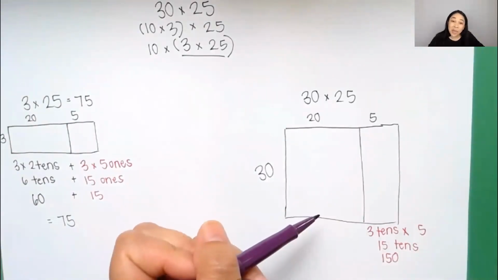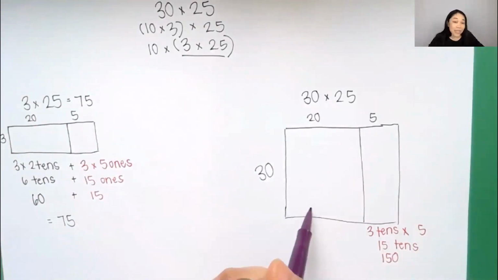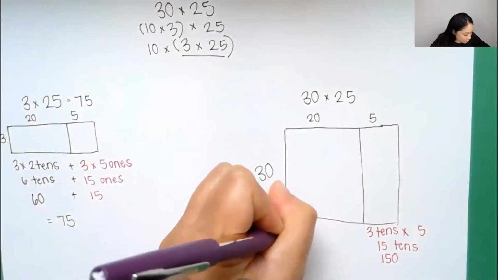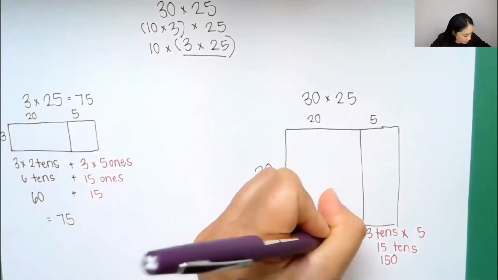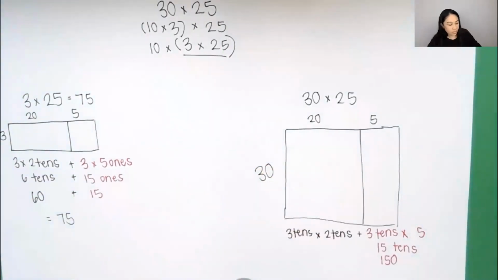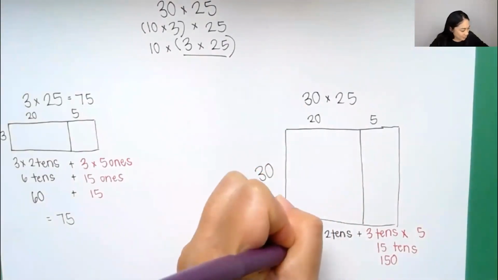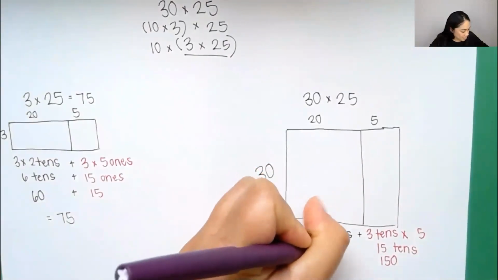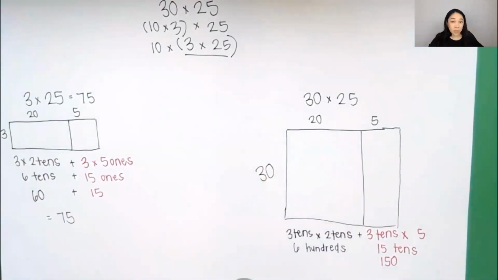In unit form, give me a multiplication sentence to find the area of this rectangle now. 3 tens times 2 tens. 3 tens times 2 tens equals 6 hundreds, or 600.